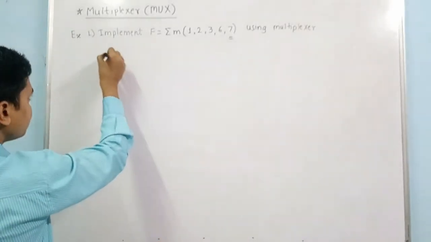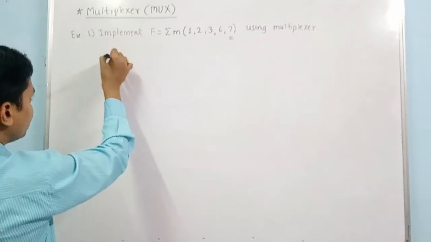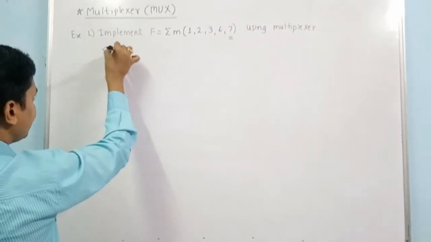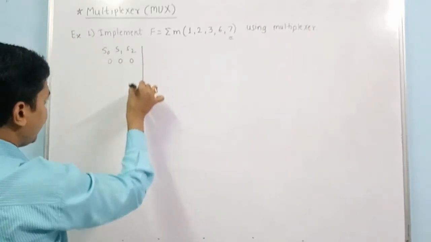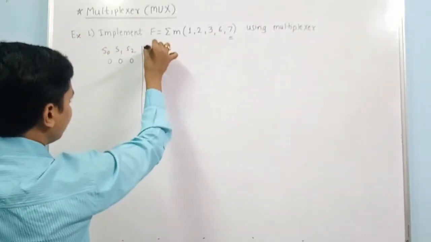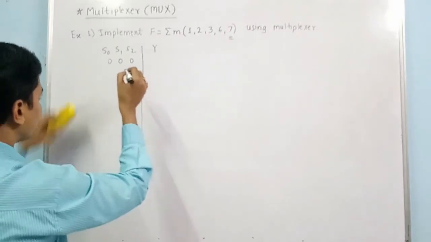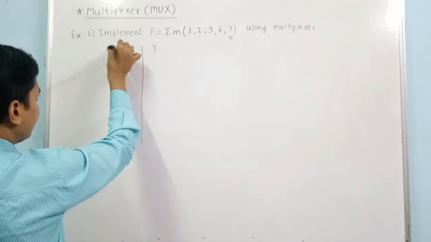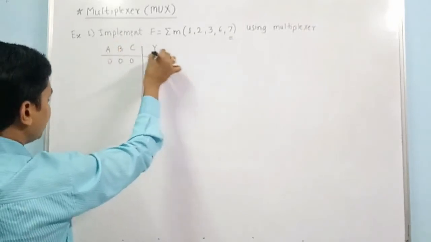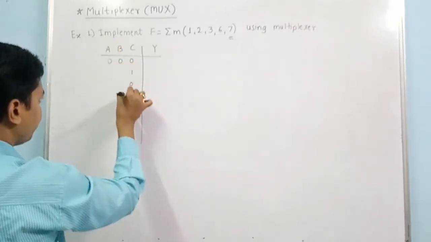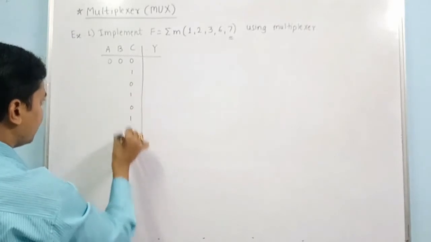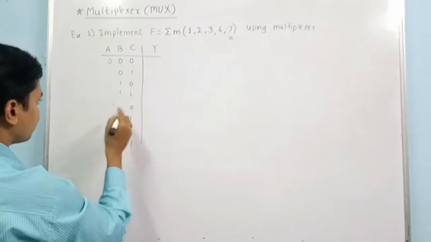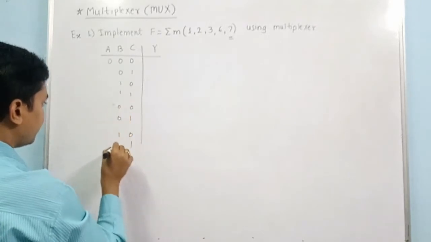So 0 0 0, so this is our select lines 0 1 and 2, and output should be Y. So consider here ABC as an input, 0 1 0 1 0 1 0 1, 0 0 1 1 0 0 1 1.